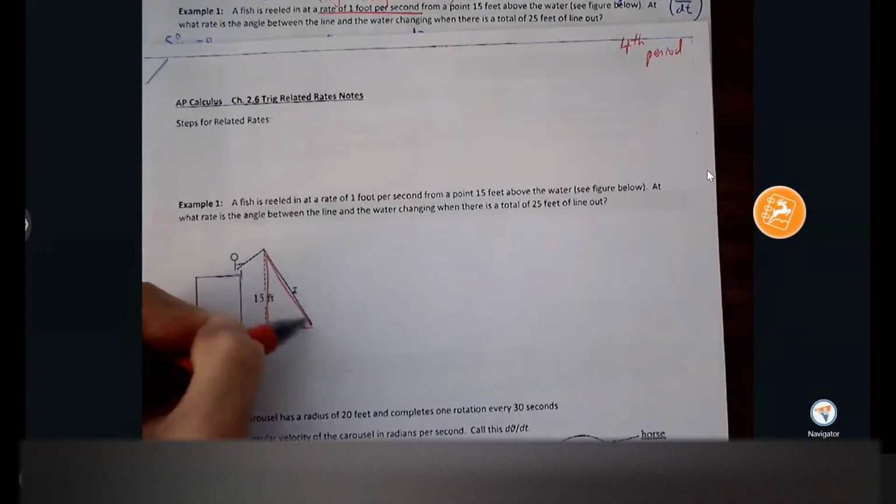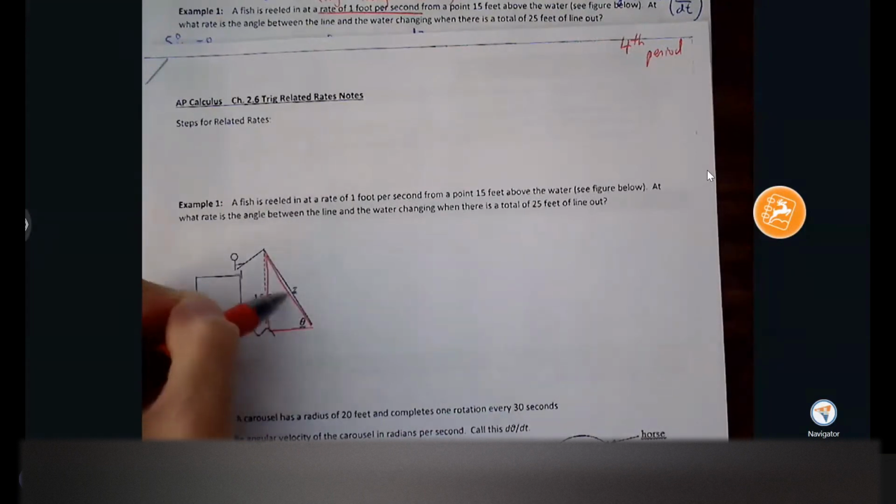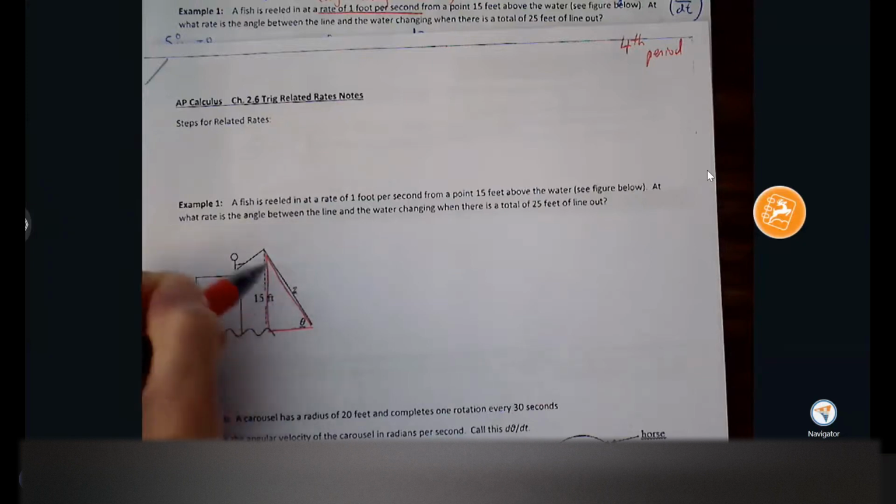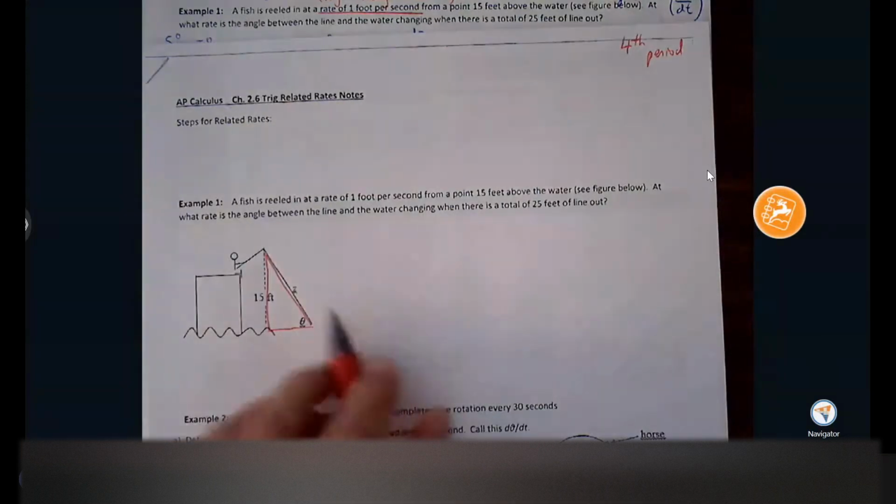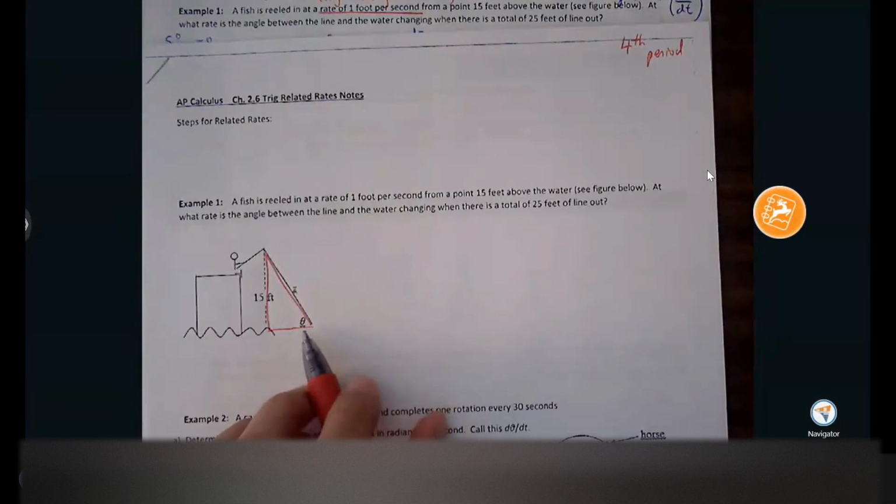We know this is going to be changing over time as the fish is being reeled in. We expect this line to be changing, and at the same time we expect theta to be changing as well. The angle between the hypotenuse and the horizontal is going to be increasing over time as well.